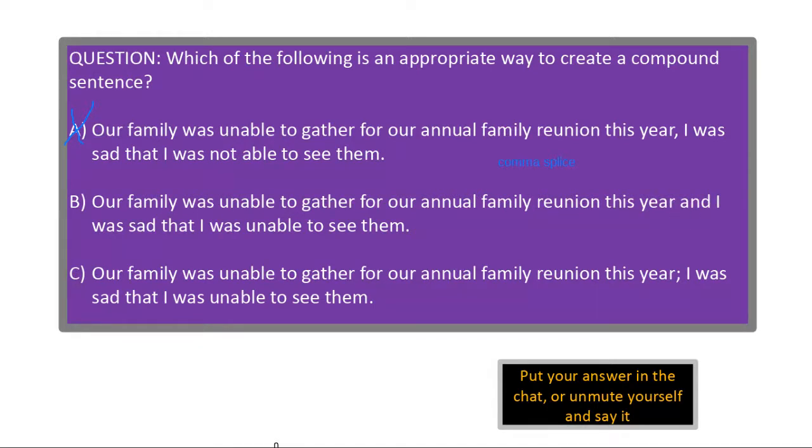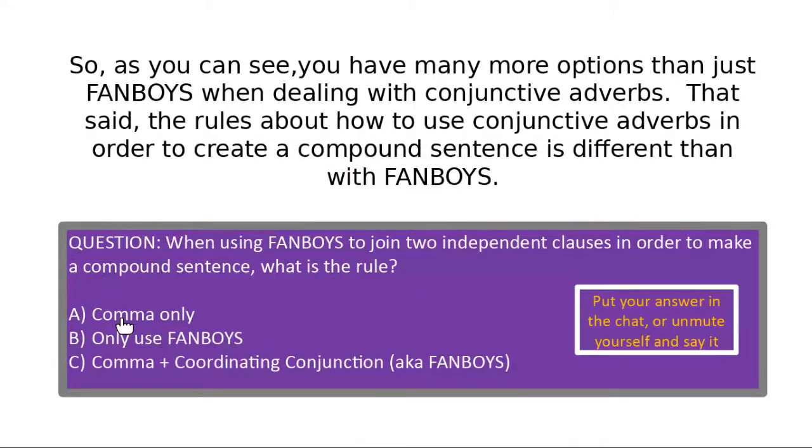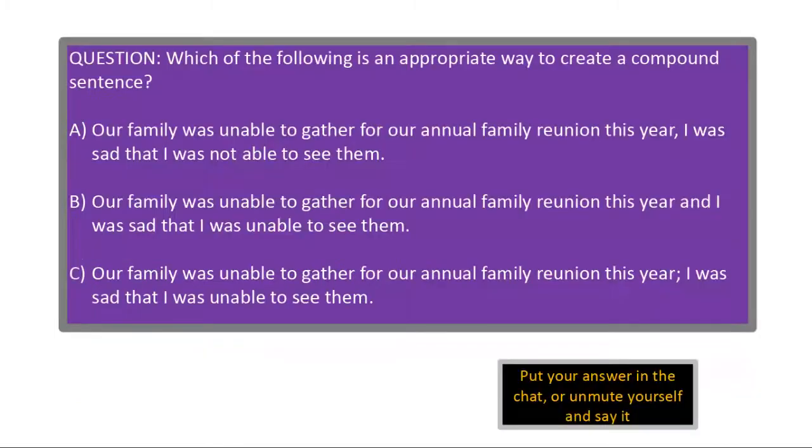Well, I can't just use a comma and I can't just use a fanboy. I have to use a comma plus a fanboy. So, exactly like one of your classmates said, you are missing a comma. You need to put a comma right here. So this one is not right because it's missing a comma, and as it stands, it is a run-on sentence.